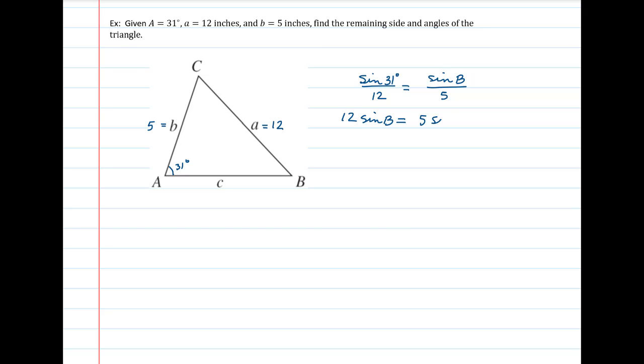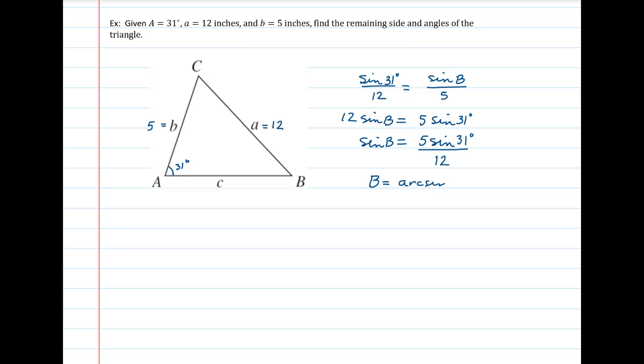Cross multiplying, and I want to find B, so I'm going to have to solve for sine of B first. It's 5 times sine of 31 degrees divided by 12. That's what sine of B is going to be. Now, I ultimately don't want sine of B. I just want to find what the angle B is.